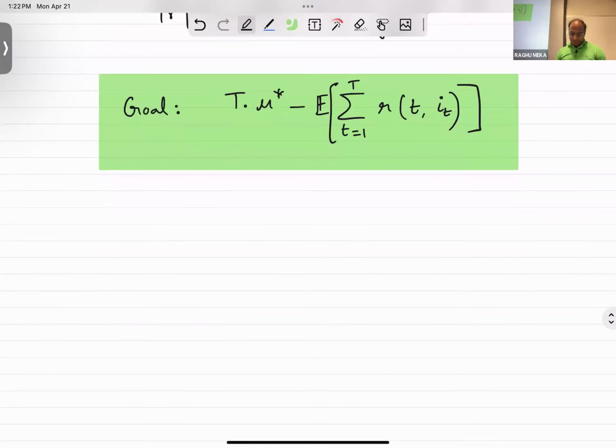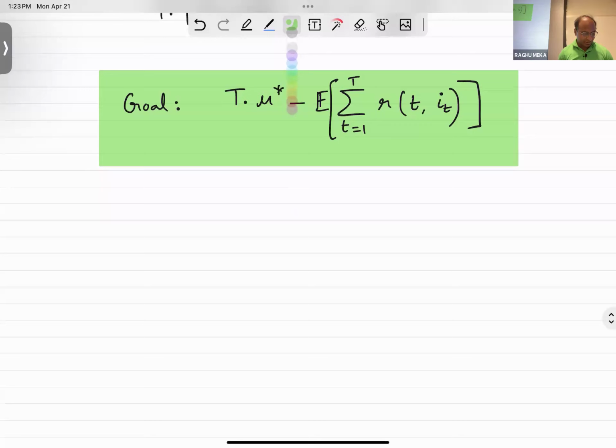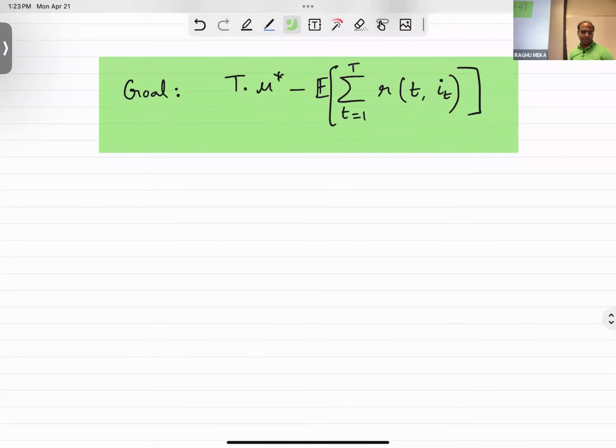All right. And as I said, this has been around for a long time. This was introduced a while ago. And in general, you cannot get a bound which doesn't depend on the means. There should be some dependence on the means.